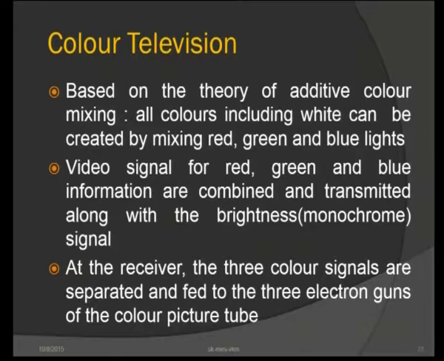So, one more thing: for a color television, video signals will also have this kind of color recognizing signals. At the receiver, the three color signals are separated and fed to the three electron guns of the color picture tube. So, as I said, in a picture tube there will be three separate blocks to recognize these three colors.